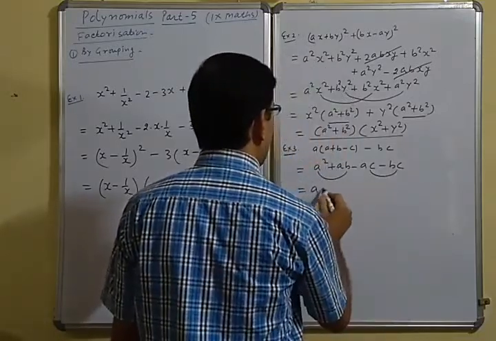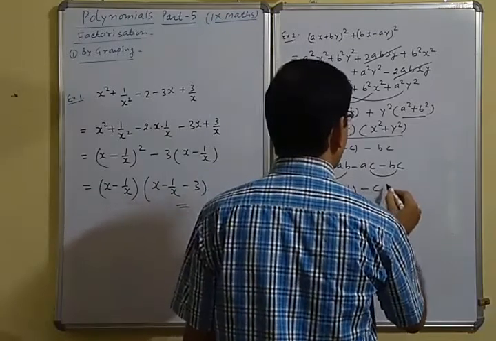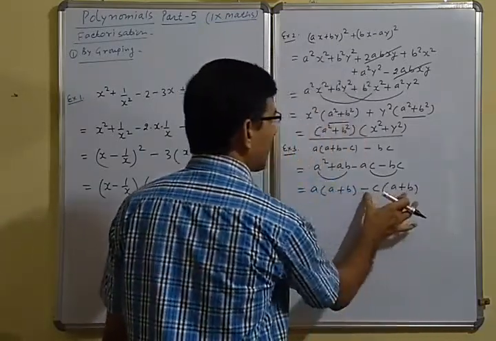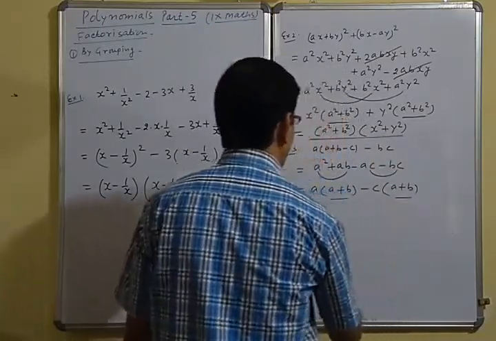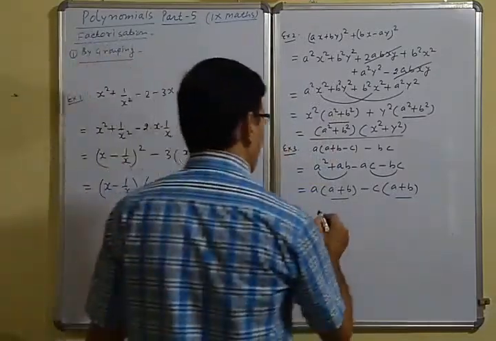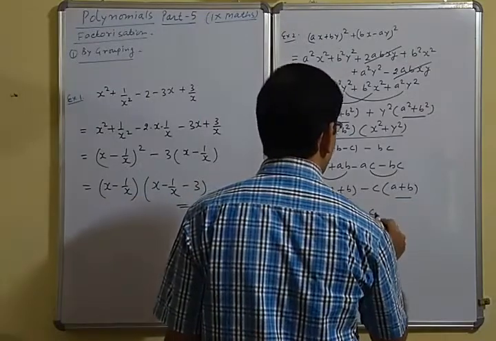If you take a common, it becomes a plus b. And here if you take c common with the negative sign, it becomes again a plus b. So a plus b is common. We take a plus b common, and inside the other bracket it becomes a minus c.